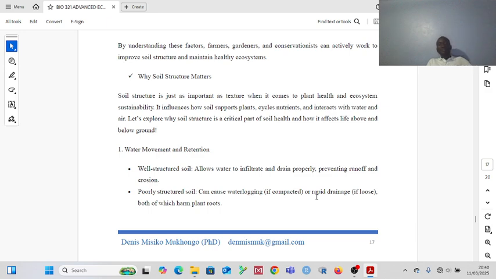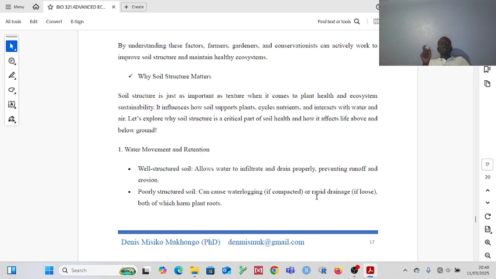But if the soil is poorly structured, think of clay, it will cause waterlogging. Think of sand, it will move through very fast. So if it is poorly structured in a way that the water does not move through fast enough, then it causes waterlogging. Then that will mean there will be poor aeration in the soil and the roots will rot.